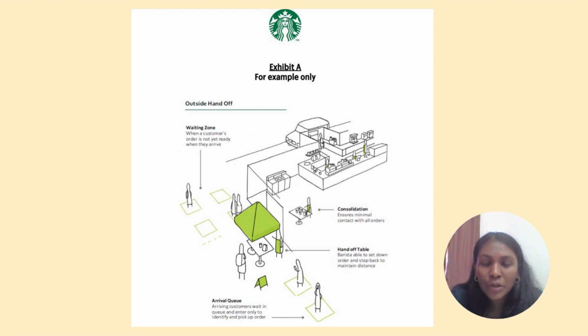Then the arrival queue: arriving customers wait in a queue and enter only to identify and pick up the order. Then consolidation, which ensures minimal contact with all orders. Then end of table, where the barista sets down the order and steps back to maintain distance. So that's all from me.